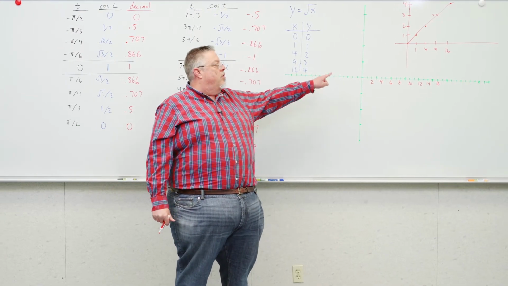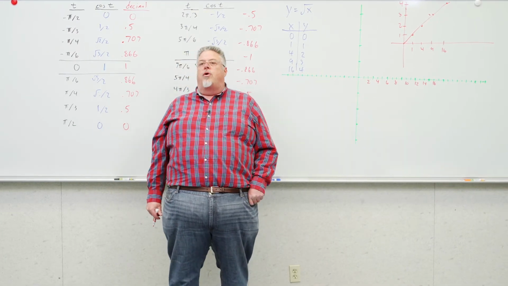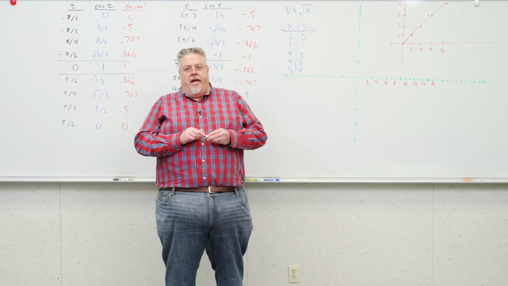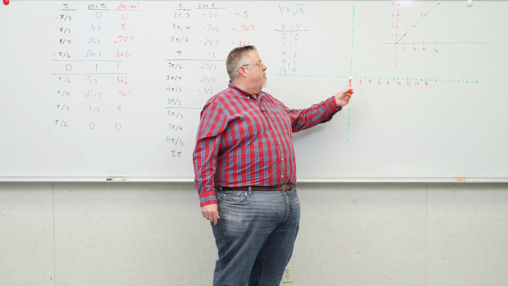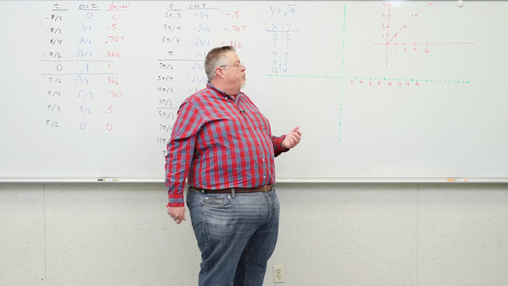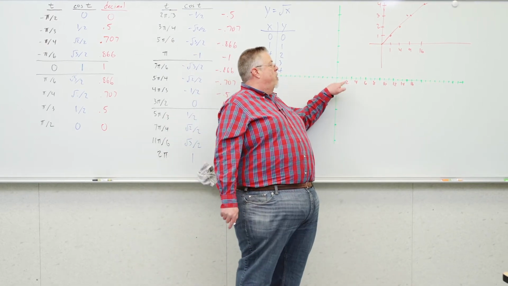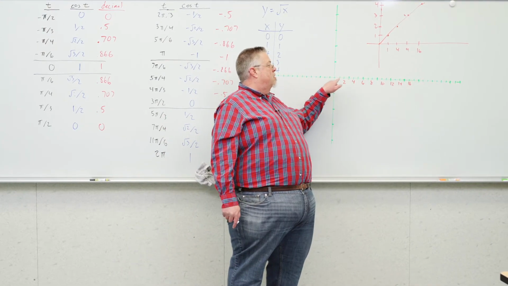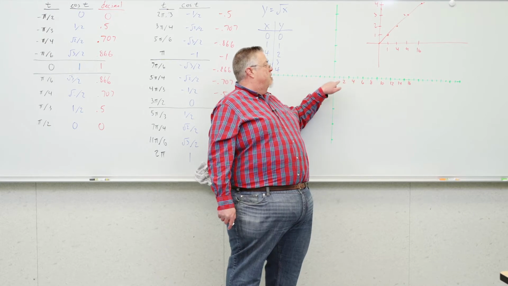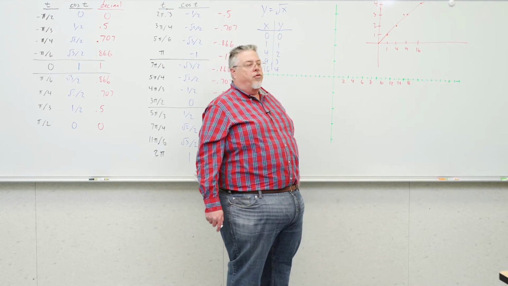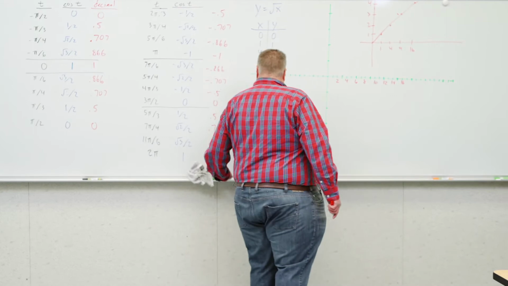I had enough room, so I made each hash mark worth 1. I didn't need to put a number on every one, but I went every 2 hash marks, so a person reading this can see that every hash mark is worth 1 on the graph.